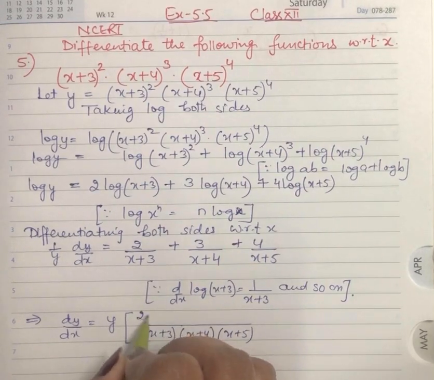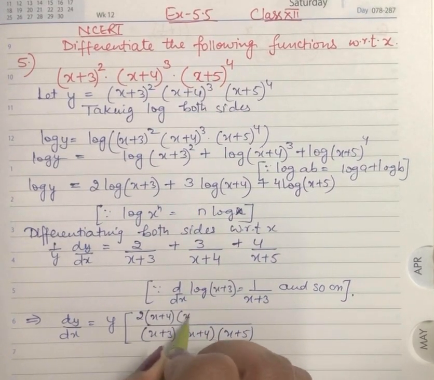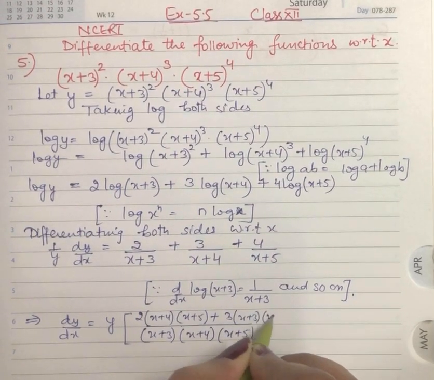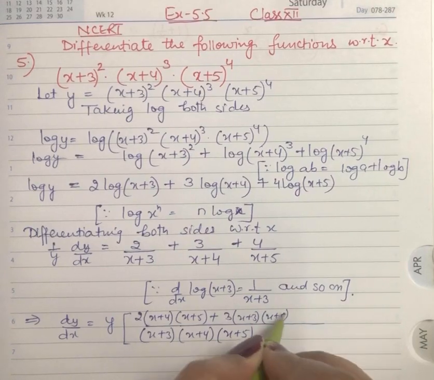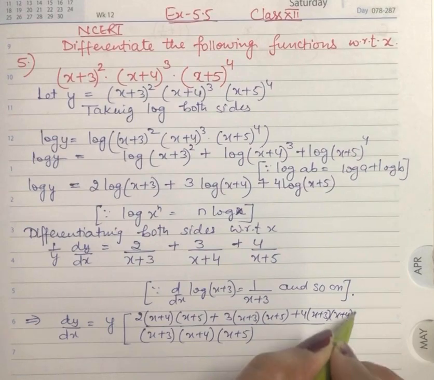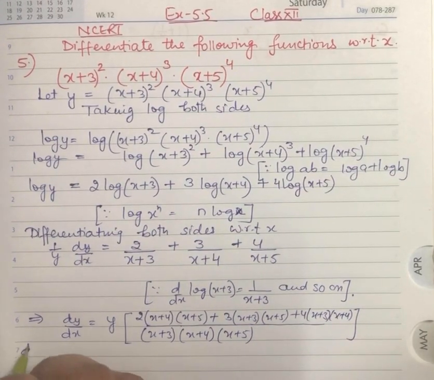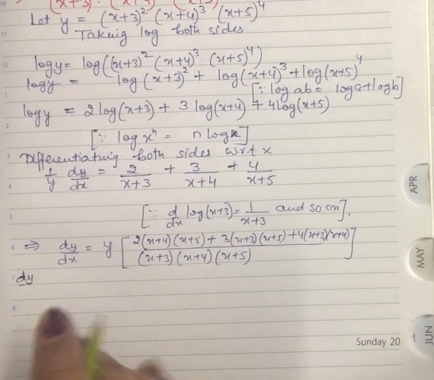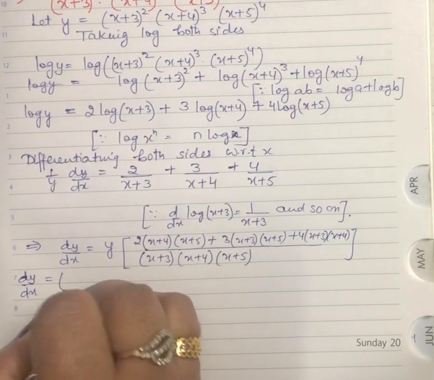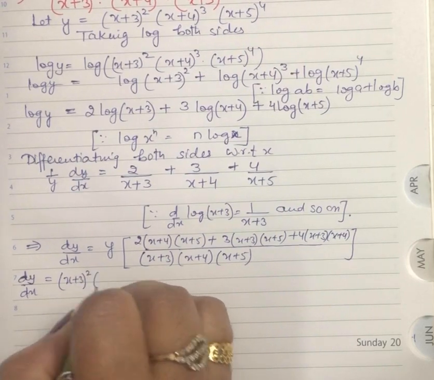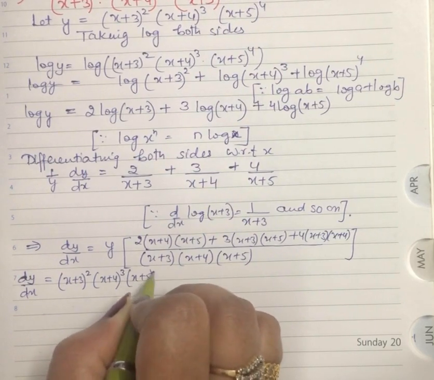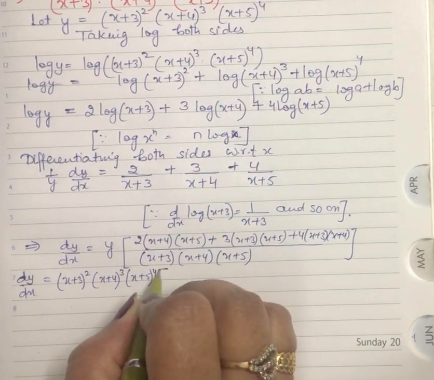So it becomes 2(x plus 4)(x plus 5) plus 3(x plus 3)(x plus 5) plus 4(x plus 3)(x plus 4). So dy by dx will become, put the value of y also, (x plus 3) whole square, (x plus 4) whole cube, (x plus 5) to the power 4, bracket.